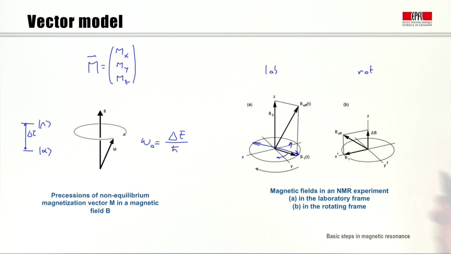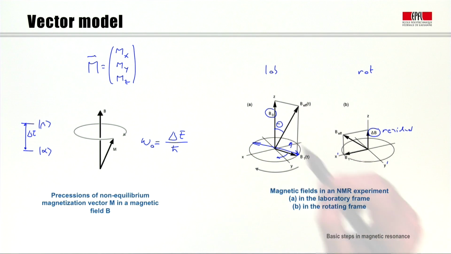Well, it turns out that when we do that, the external field gets reduced in effect, and we only have a residual field here. At the same time, the effective vector, which is still the resultant, the sum of this vector and this vector, is now tilted through a different angle. In the laboratory frame, this angle theta is typically very, very small.